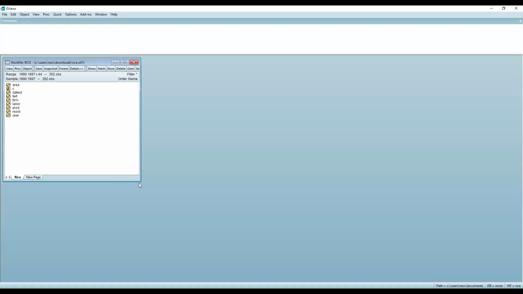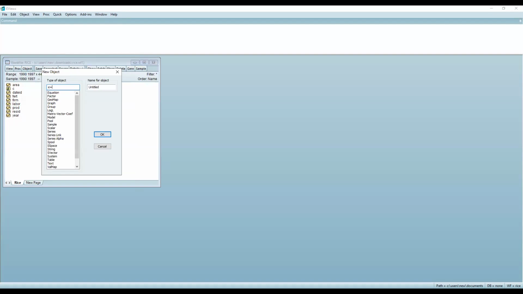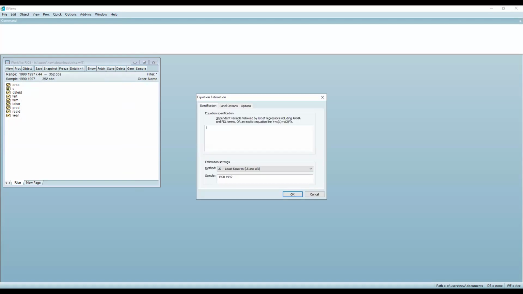Okay, open rice. And then do the equation. Okay, then you do log production, constant, log area, log labor, and log fertilizer.